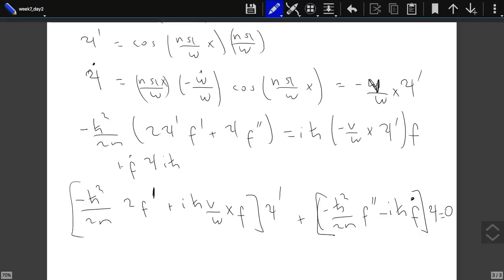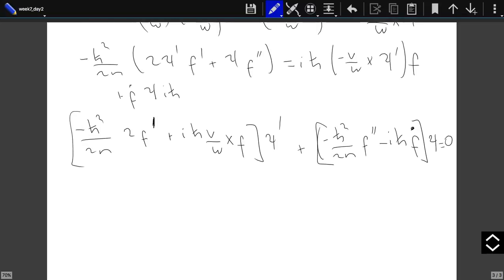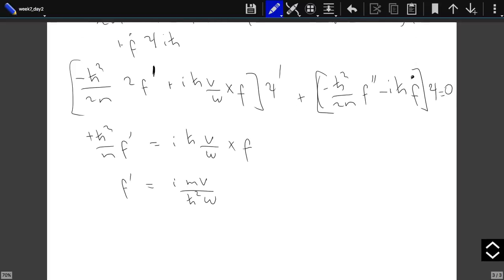Let's see. Let's start with the first one, because the first one only involves position derivatives. So it tells me that minus h bar squared over m f prime, or plus, this should be equal to i h bar v over omega x times f, or f prime should be equal to i m v over h bar squared omega f times x.